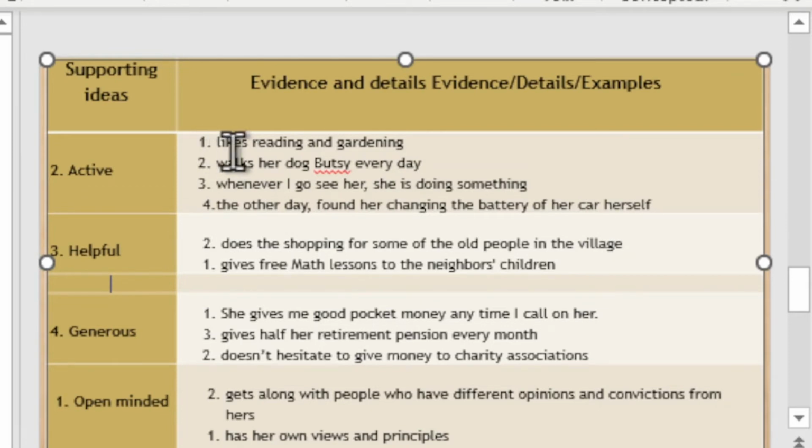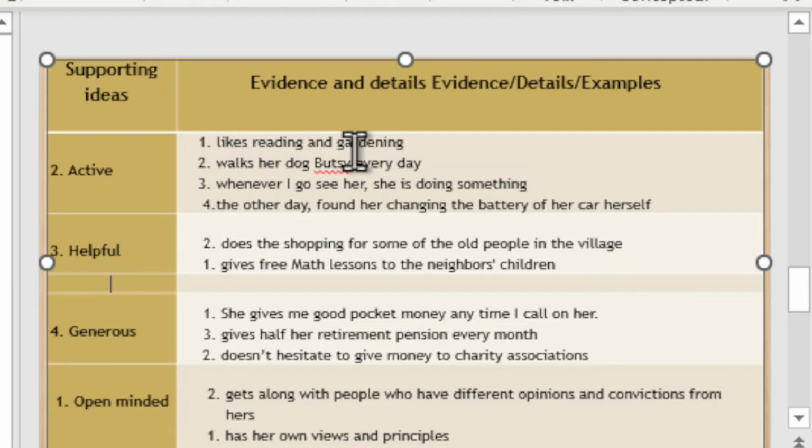Why do I start this way? It is the same rationale. I'm starting with what I think is the weakest detail and finishing with the strongest. If you look at the argument that I'm trying to demonstrate, it is that she's an active person. Now, if I say she likes reading and gardening, it's not much of an action.